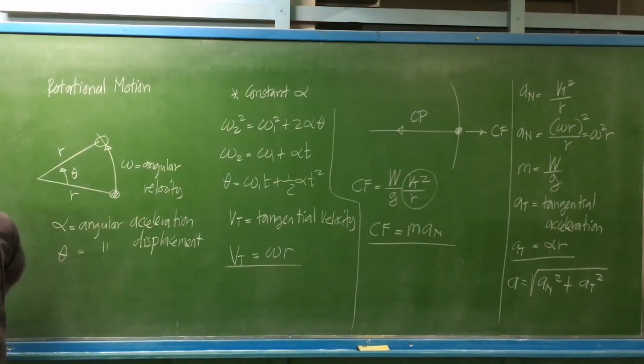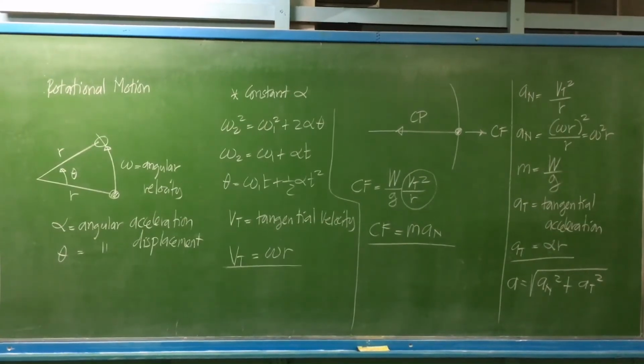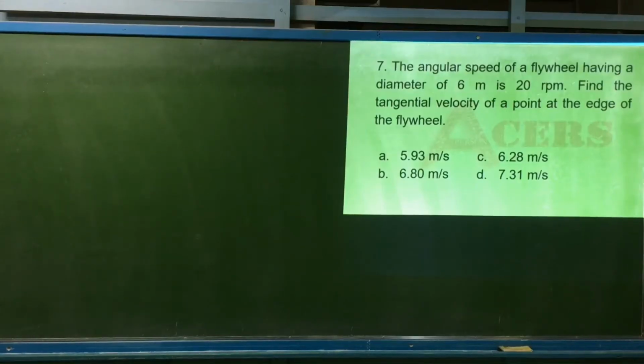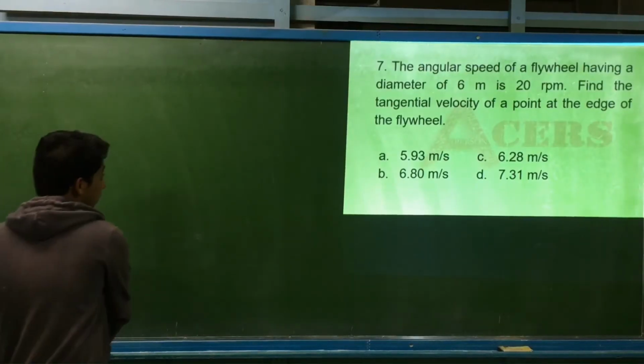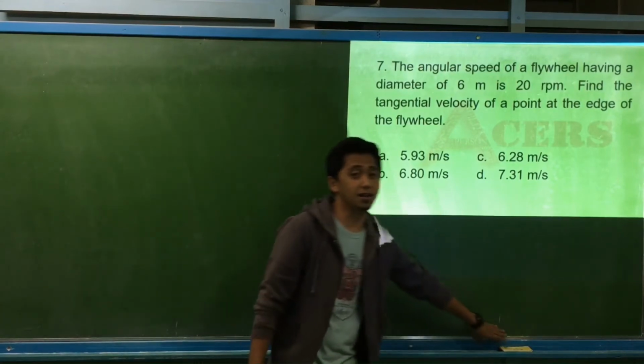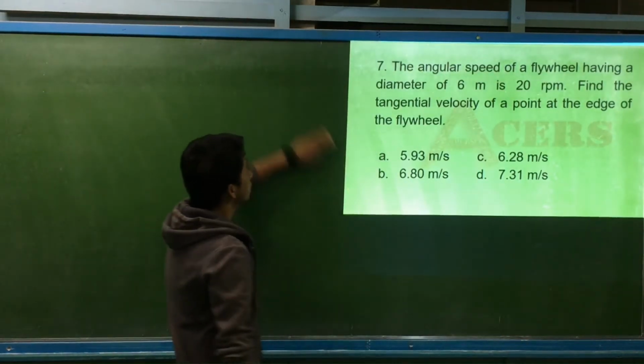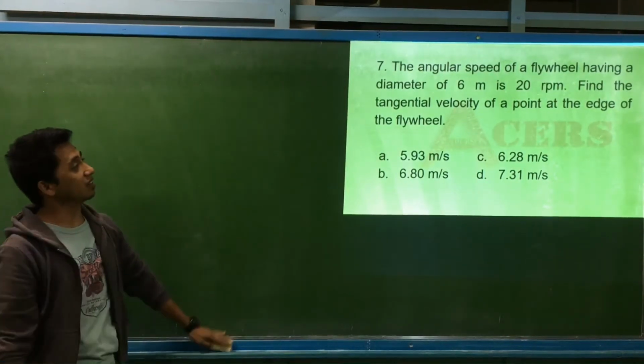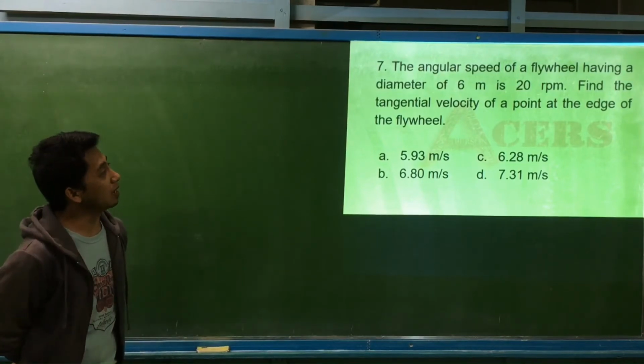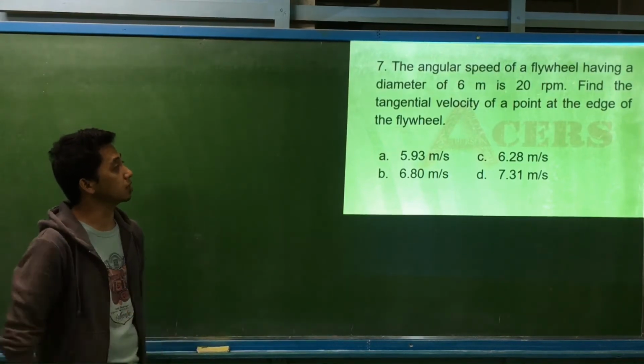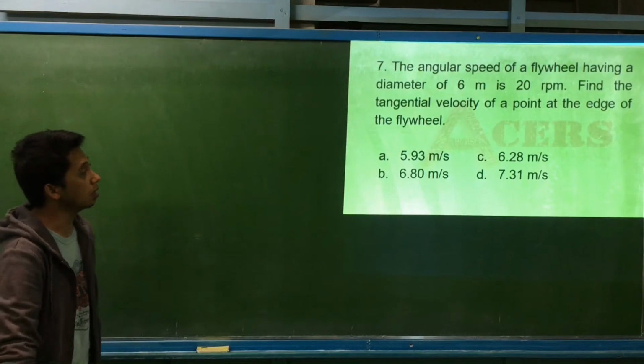So let's have an example for the rotational motion. The angular speed of a flywheel having a diameter of 6 meters is 20 RPM.